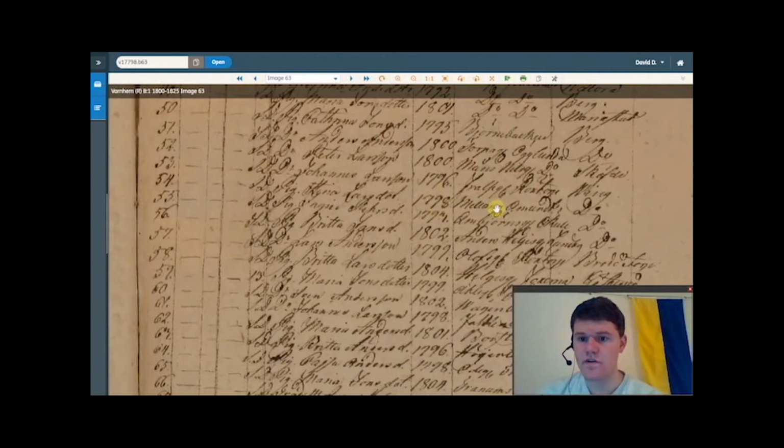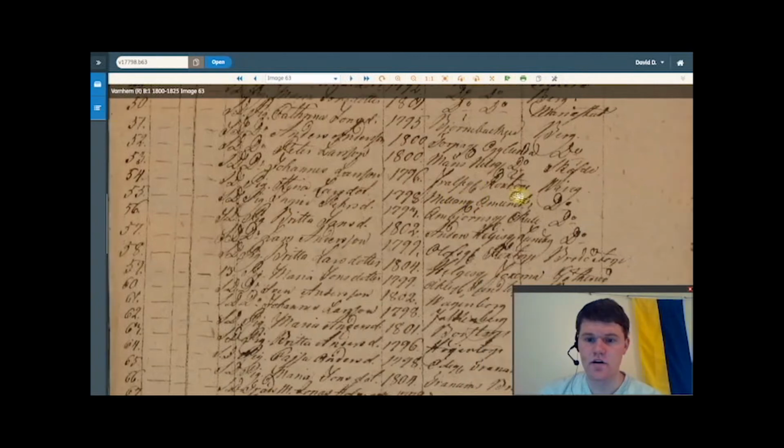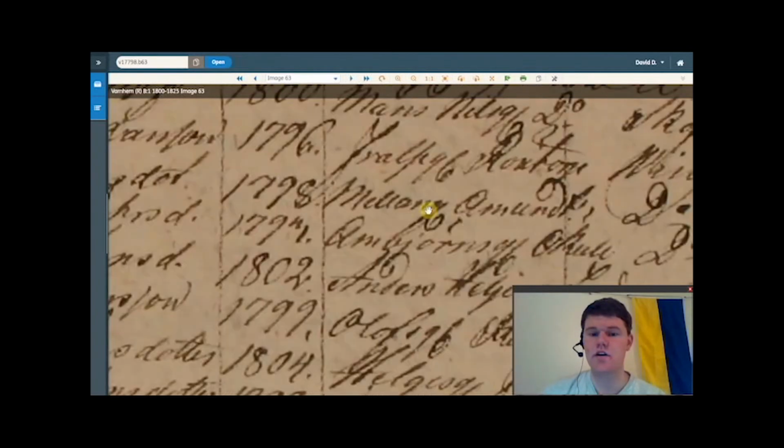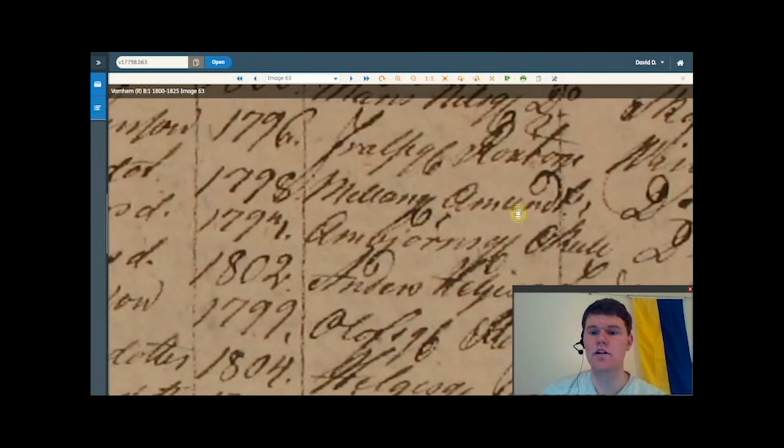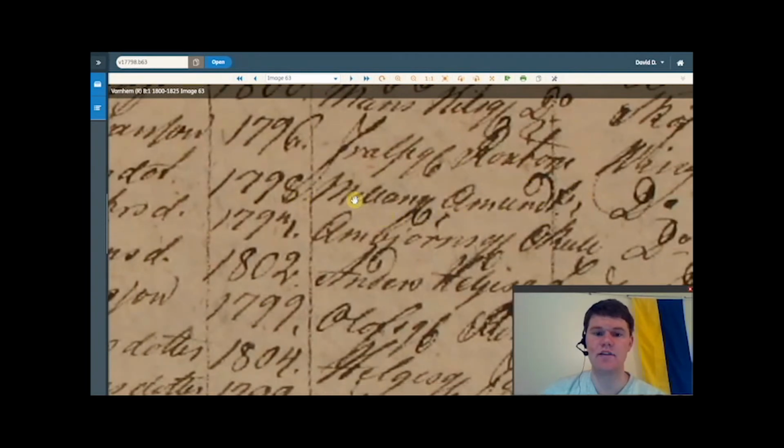And right here is the saying where she moved from. This is the farm or village, the smaller locality that she moved from. Let's get a closer look at this. It is a little tricky to identify what this says exactly.